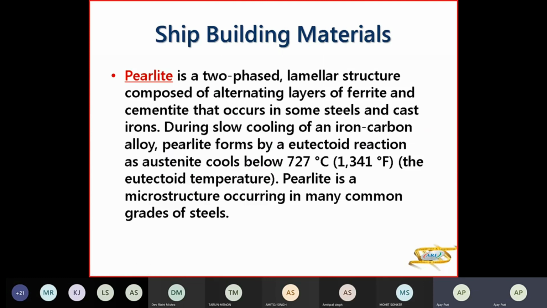This is a two-phase lamellar structure composed of alternating layers of ferrite and cementite that occurs in some steels and cast iron. During slow cooling of an iron carbon alloy, pearlite forms by eutectoid reaction as austenite cools below 727 degrees Celsius. So the cooling is slow in this.